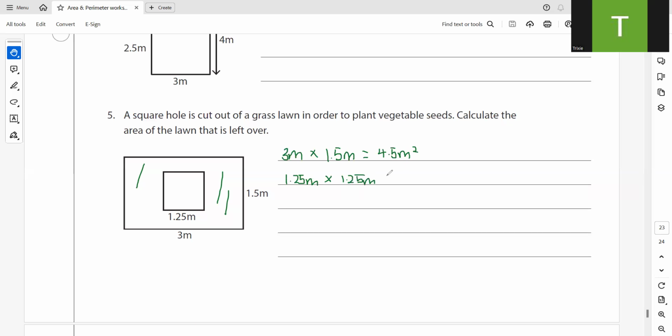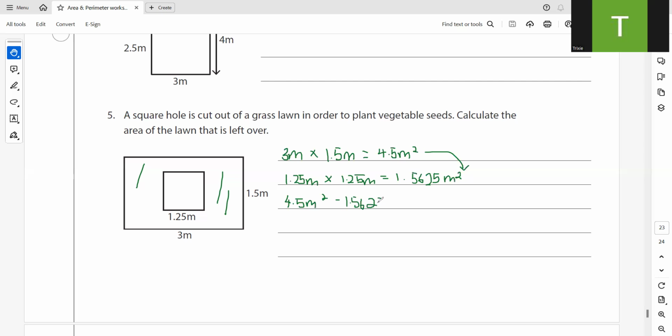Because it's a square, so it's times itself. So 1.25 times 1.25, you will get 1.5625 meters square.